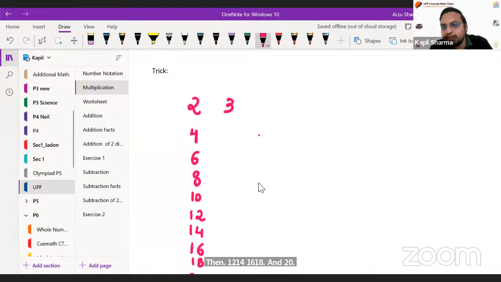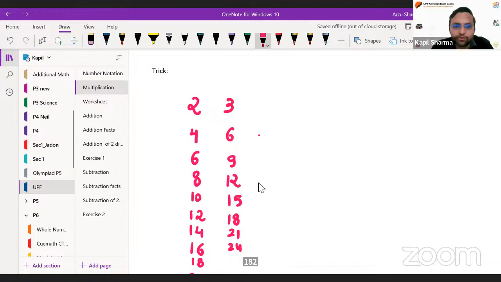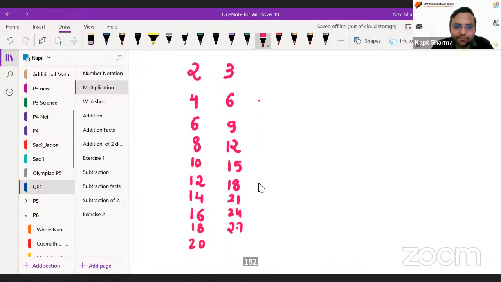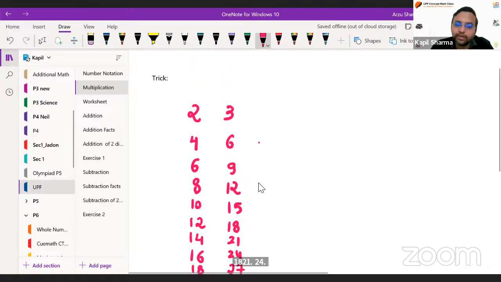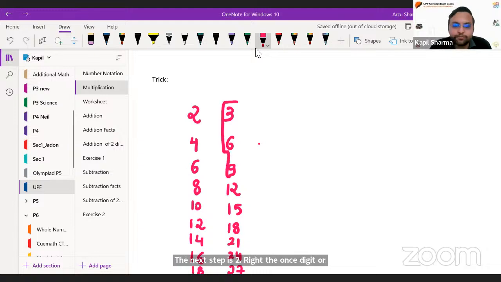Similarly, I'm going to write the multiples of 3. So, of course, 3 is a multiple of itself, then 6, then 9, then 12, then 15, 18, 21, 24, 27, and 30. Now, the next step is to write the ones digit of the multiples of 3 first.